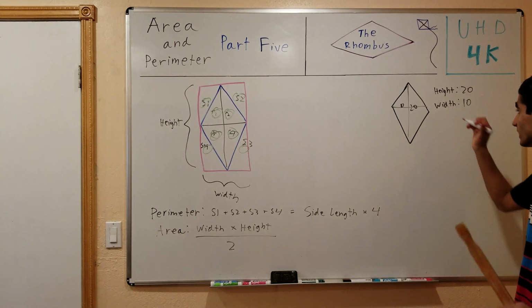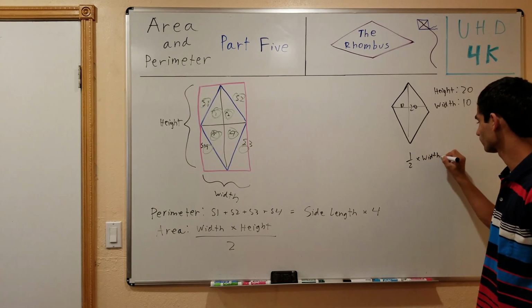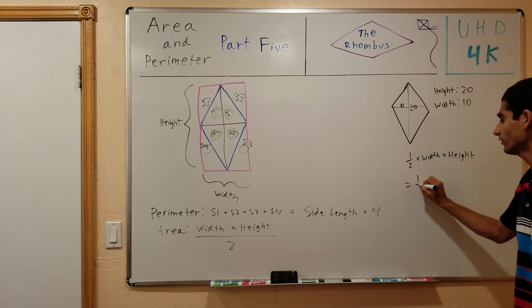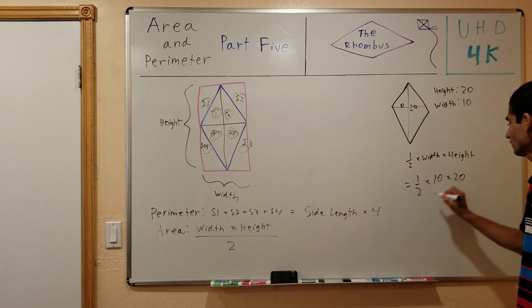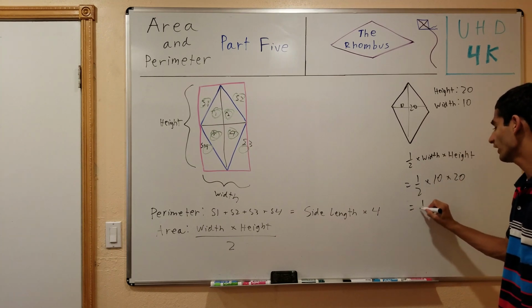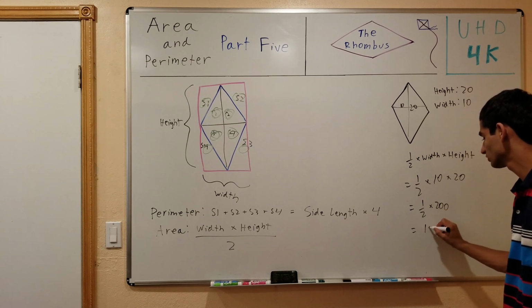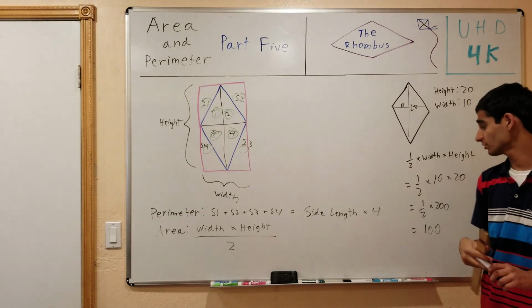It's going to be half times the width times height, which is equal to half times 200, which is equal to 100.